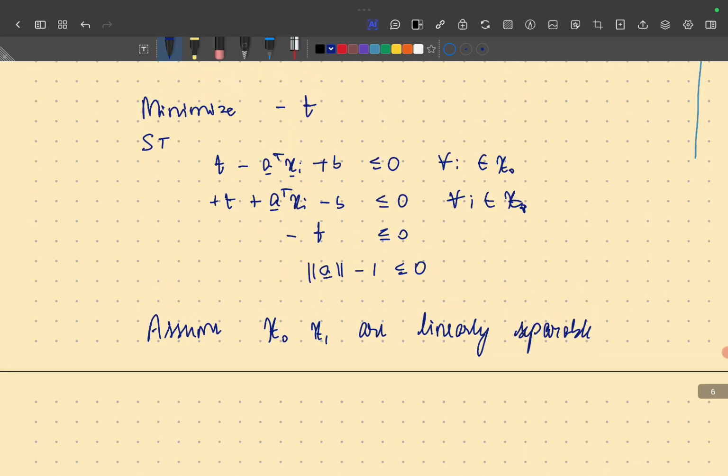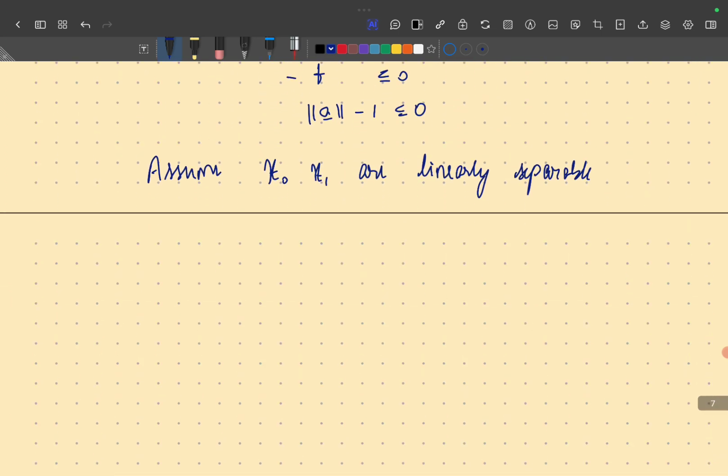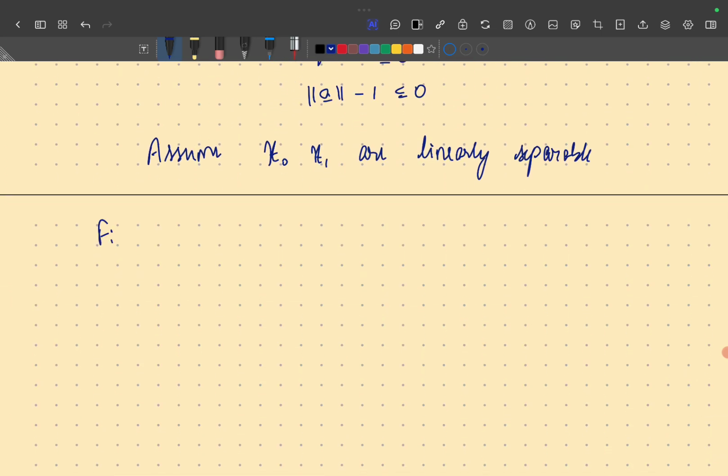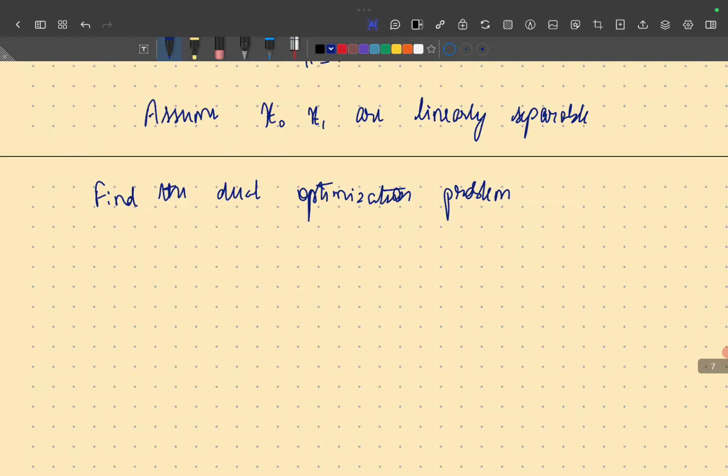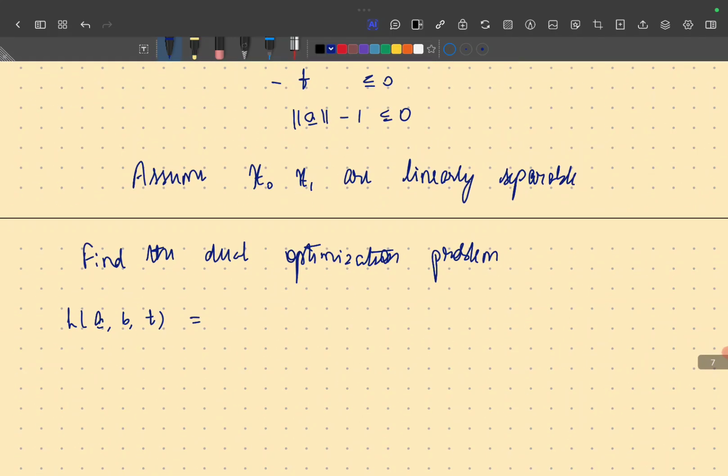Okay, so let's assume that they're linearly separable, and first let's try to construct the dual optimization problem, because that happens to have a nice geometric interpretation. What is the Lagrangian equal to?